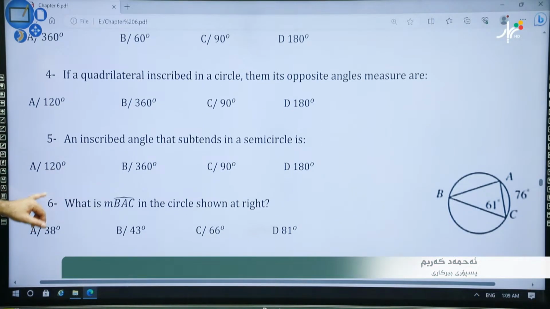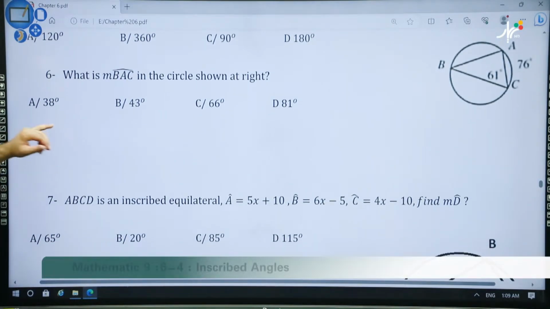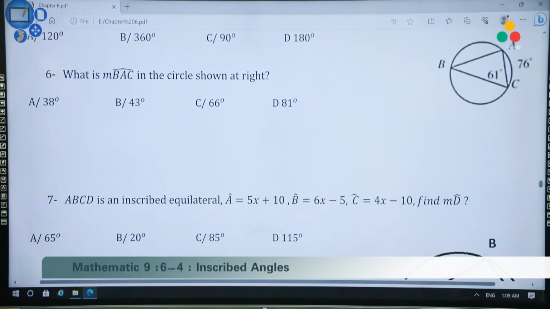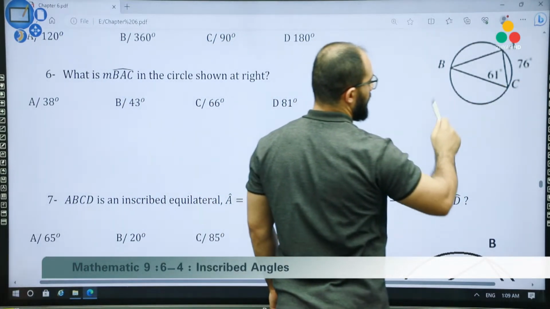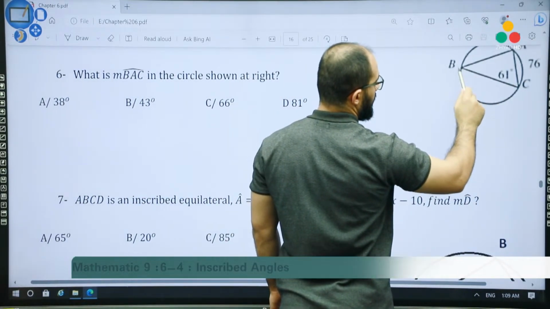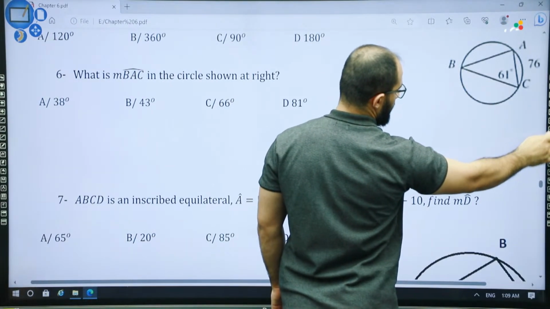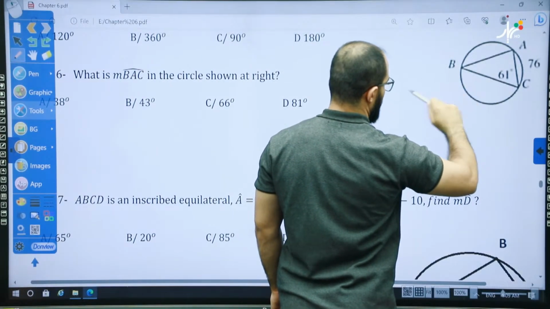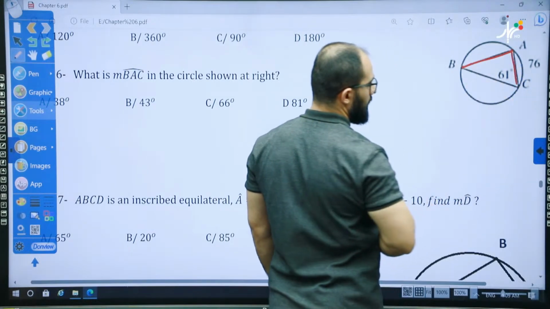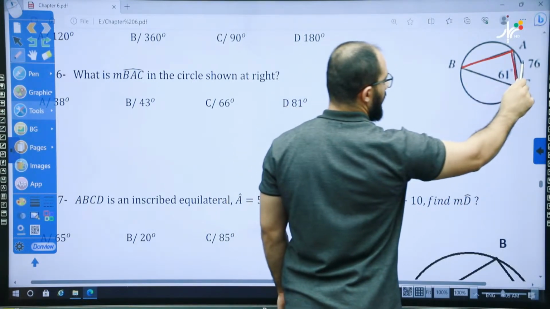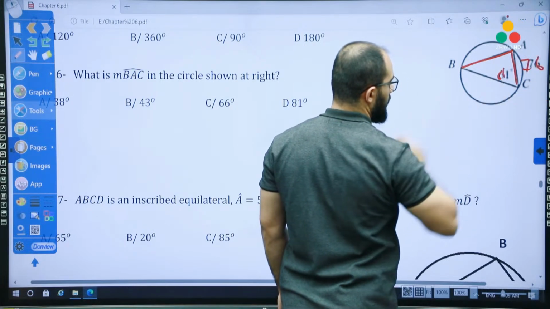Question 6, it says, what is the measure of BAC? This is the graph. We have B, A, C. Okay, we have that the arc is 76, and that angle is 61.